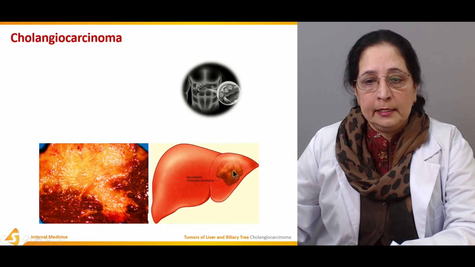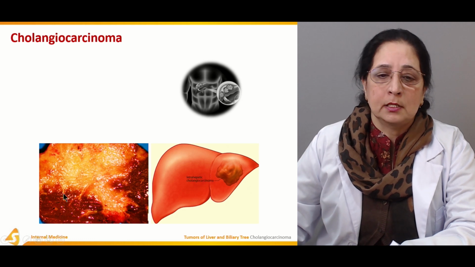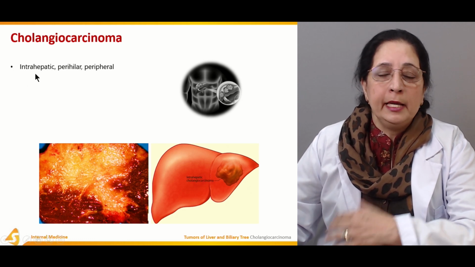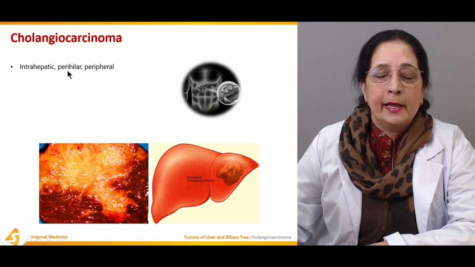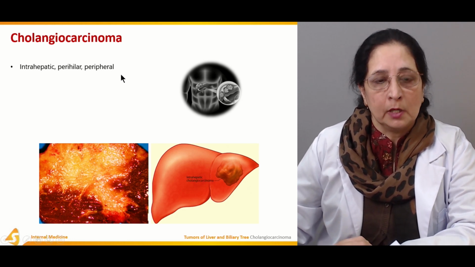Then this is again the intrahepatic cholangiocarcinoma. That's the gross appearance. It may be intrahepatic, perihilar or peripheral type of cholangiocarcinoma.